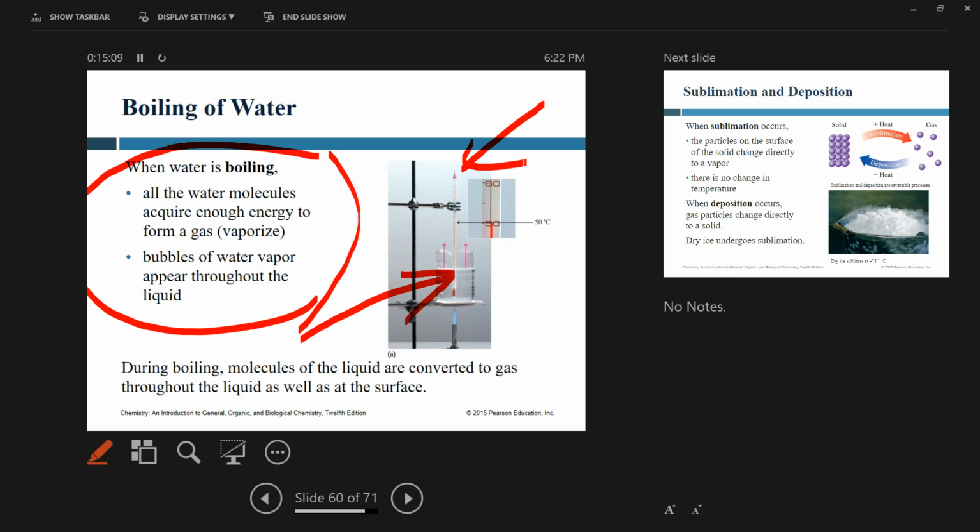Water starts to boil. You keep heating water. What's going to happen to the thermometer? You think it's going to go up?